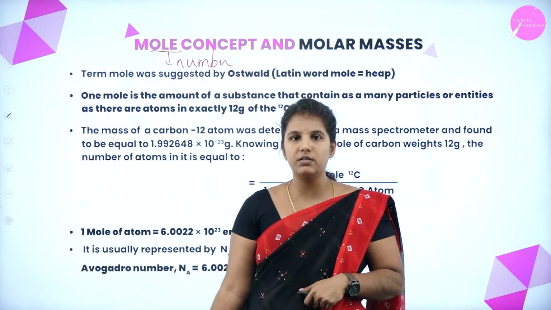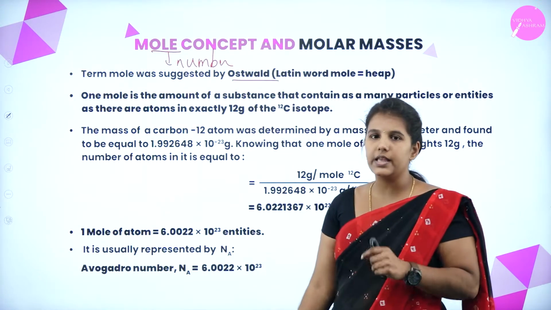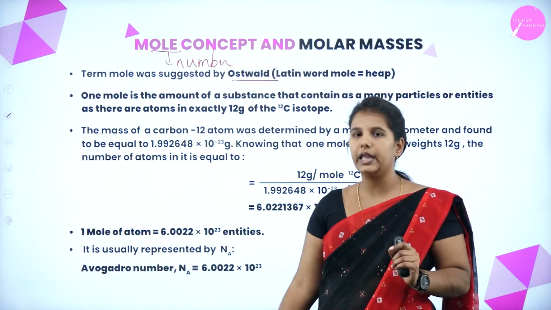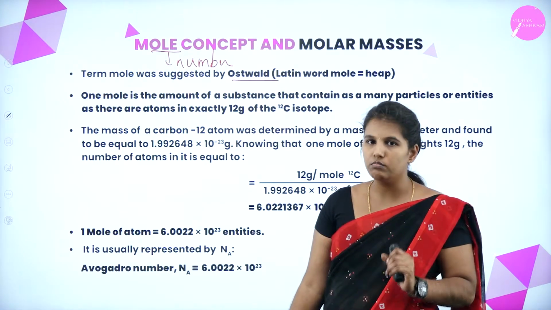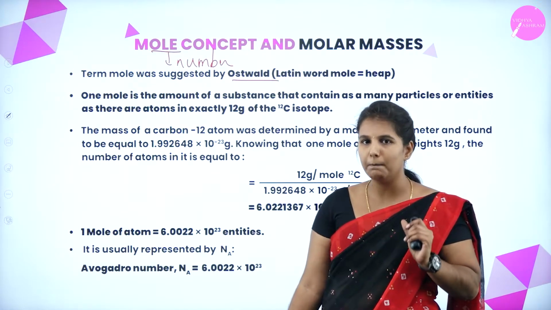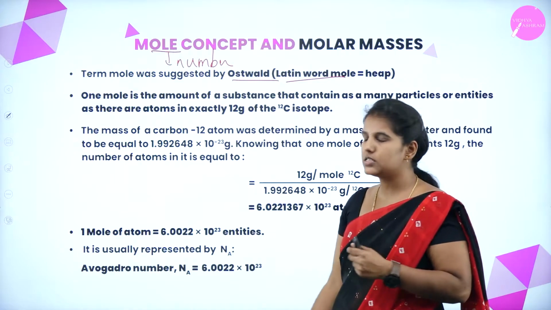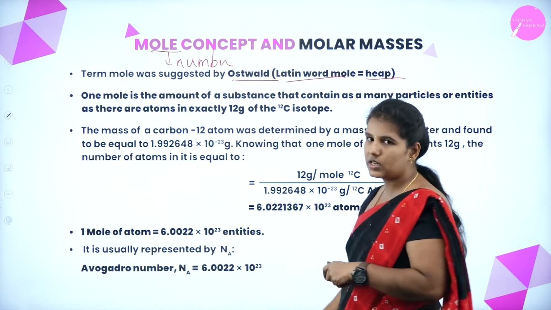It was given by a scientist called Ostwald. Ostwald was the first person who gave the word mole to indicate the microscopic entities found in matter. Remember, in the Latin word, mole is nothing but a heap.